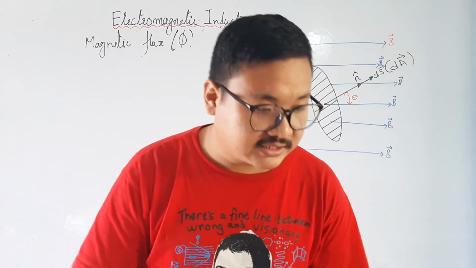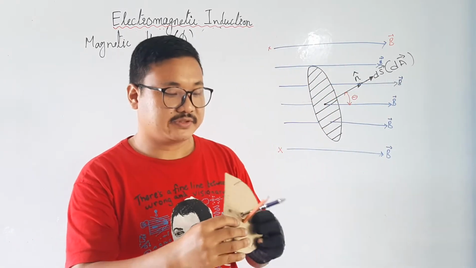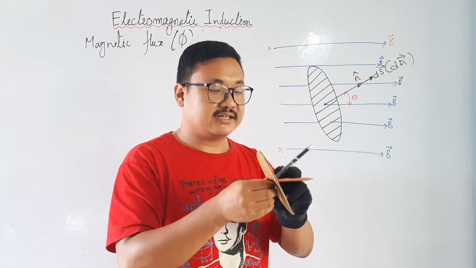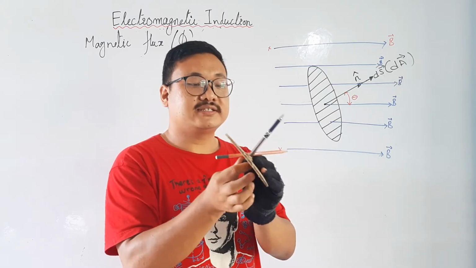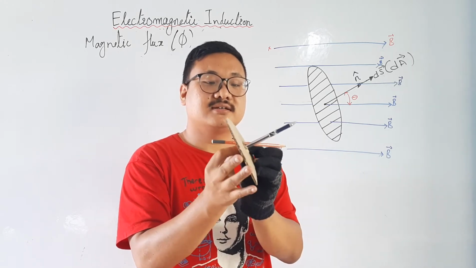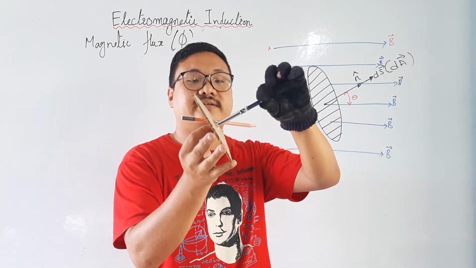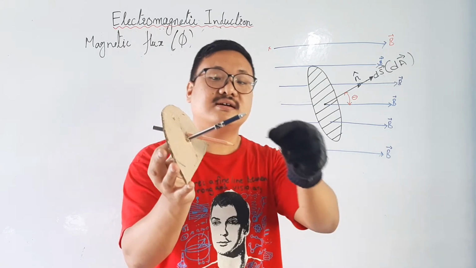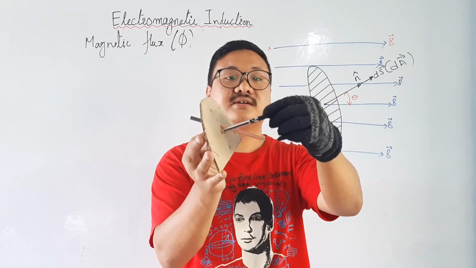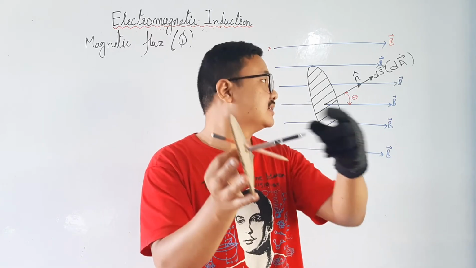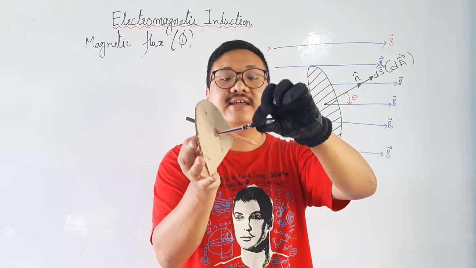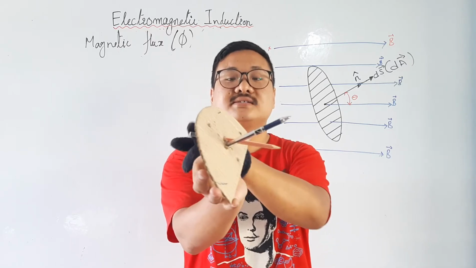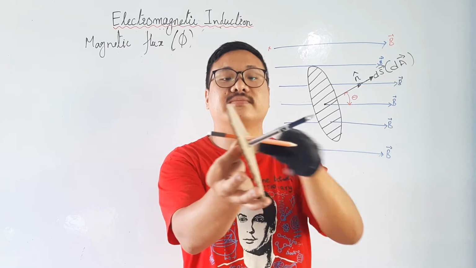So here I would like to demonstrate like this. It is tilted like this. This pen represents ds, that is the area vector, and this pencil represents the magnetic field because it is passing like this.